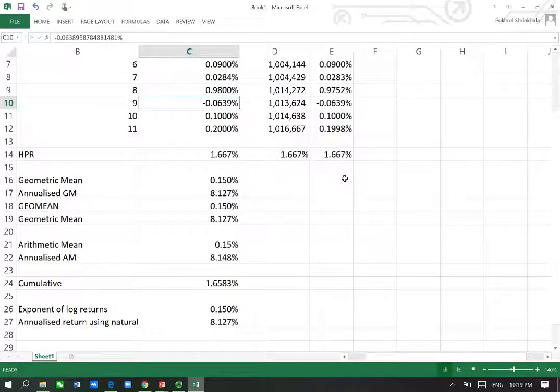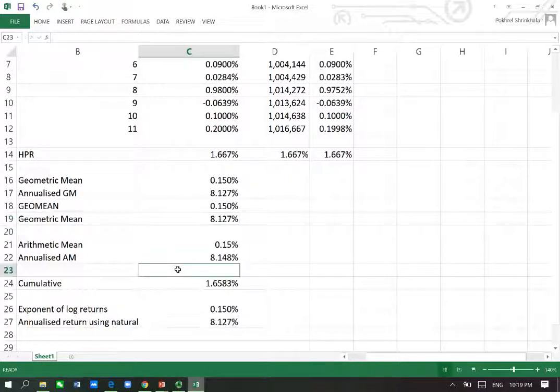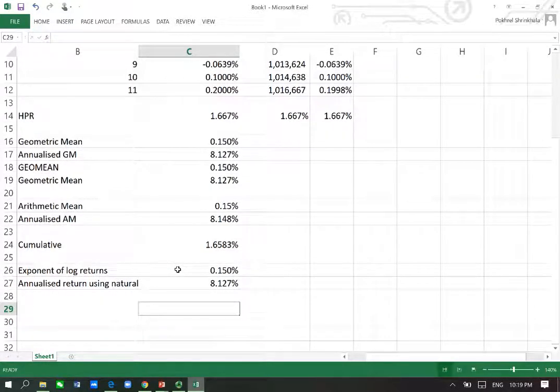So changes are taking place. So geometric mean annualized is 8.127, arithmetic annualized is 8.148, but the one using the natural log is exactly similar to that of geometric mean.